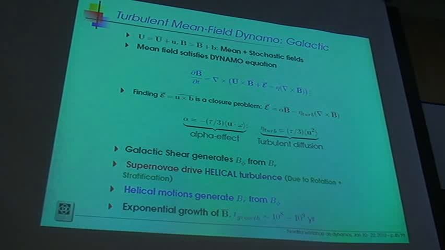In the simplest context, one may imagine that you could write it in terms of something proportional to the mean field and something proportional to the curl of the mean field.